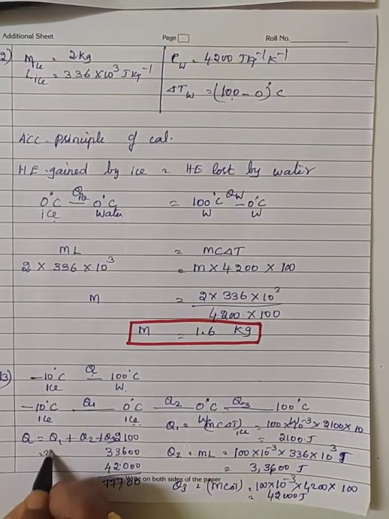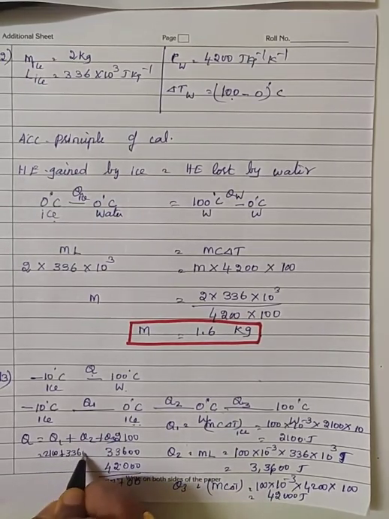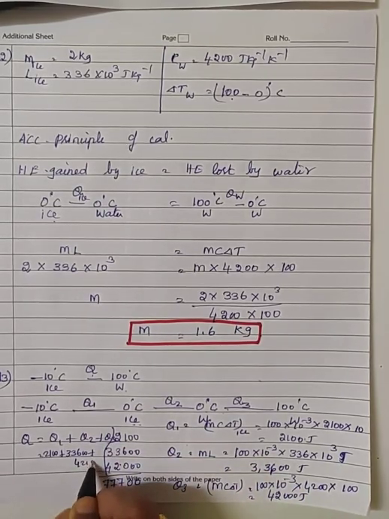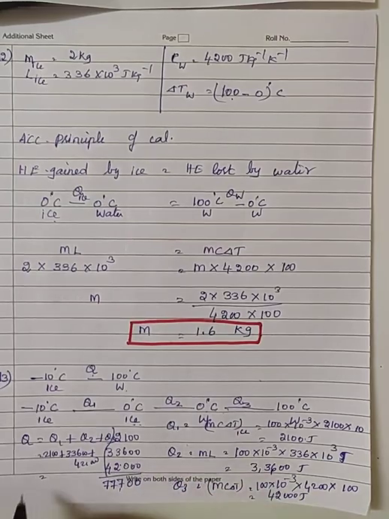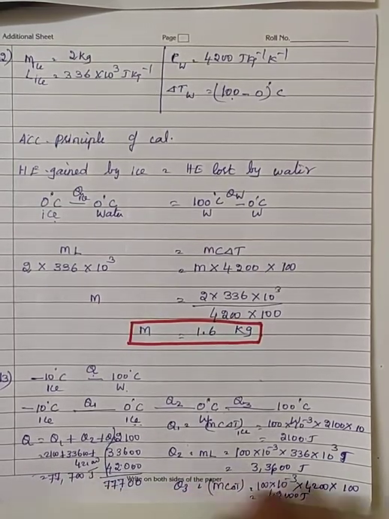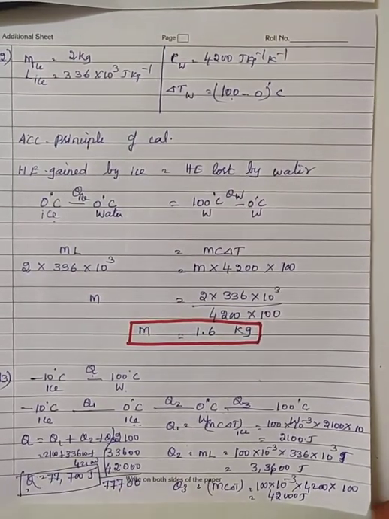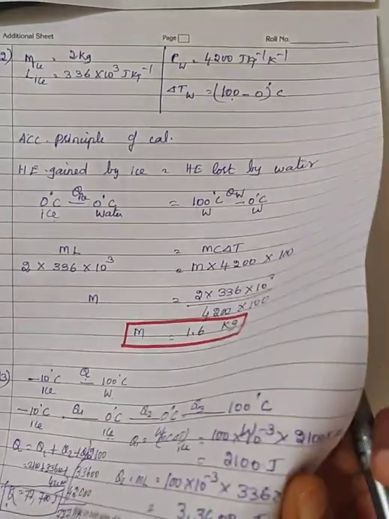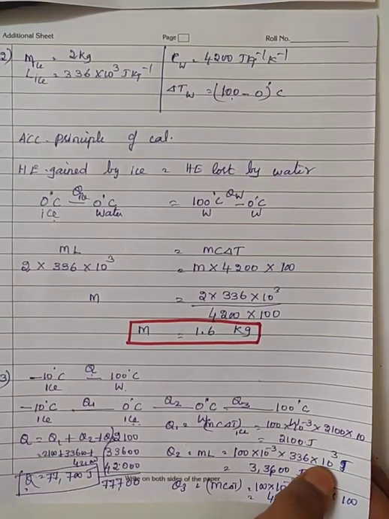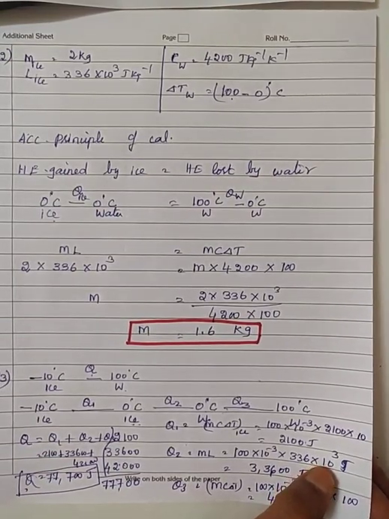Q1 is 2100, Q2 is 33,600 and Q3 is 42,000. The sum of Q1, Q2, Q3 is equal to 77,700 joules. So the quantity of heat energy required for this process is 77,700 joules.